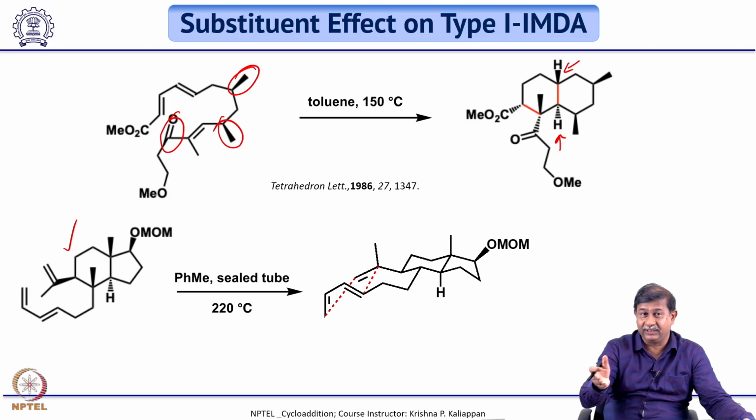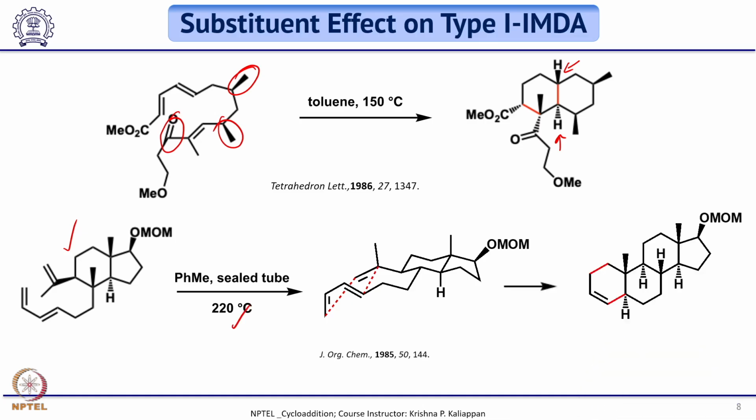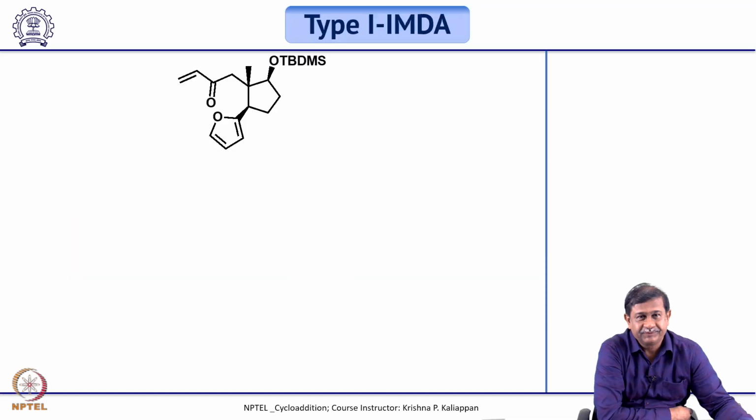When you have no electron withdrawing group in the dienophile, it gives exo, but you have to heat it at very high temperature. So this is the transition state, and that will give you the trans AB junction of a steroid skeleton. Let us go to a few more examples.